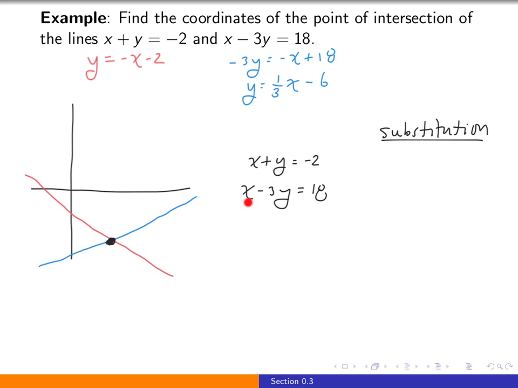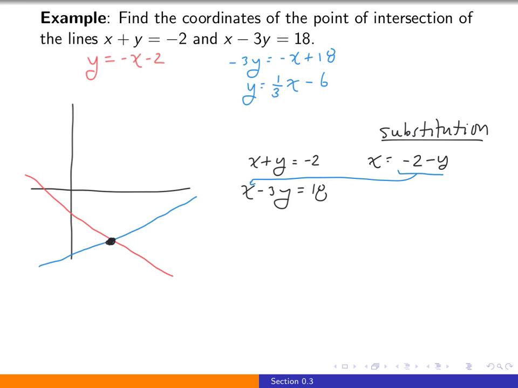And since the x variable is easier to work with in the second equation, i.e. no coefficient, that's what I'm going to solve for. So x is equal to minus 2 minus y.